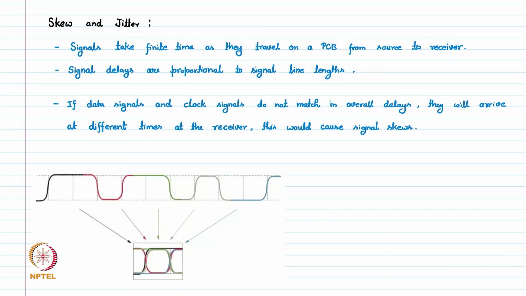So let's say we have this signal which we are applying here. These dotted lines are the expected time where our signal should come in.